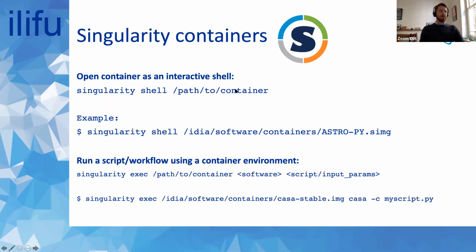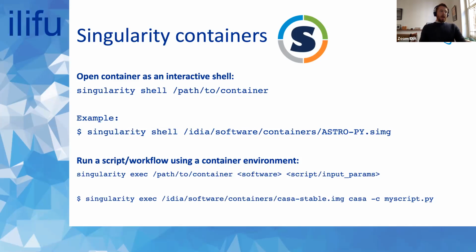An example here would be Singularity from the terminal, Singularity shell, and then the path to the container. This will place you inside the container, and you'll be able to look at the software or run the software inside the container. So that's more of an interactive space. As an example here, Singularity shell, and then the path to the AstroPy container. Then from inside there, you could call Python if you were going to develop from the terminal command line, etc.